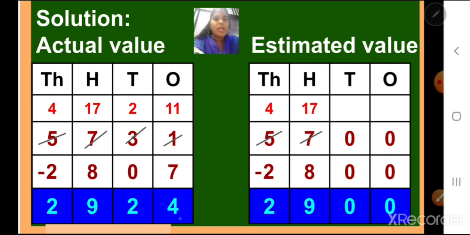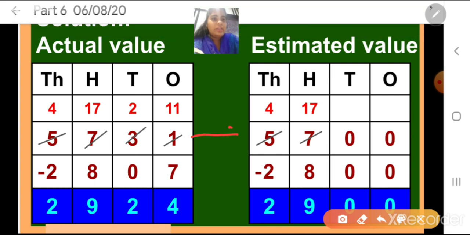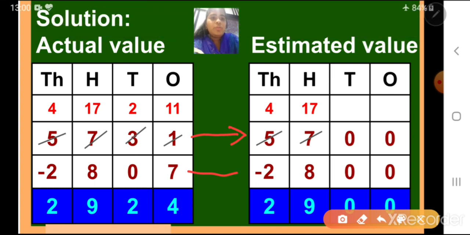2924. After finding the actual value, you have to find the estimated value. For that, first we have to round off the numbers. 5731 rounded off to nearest 100 is 5700, and 2807 rounded off to nearest 100 is 2800.